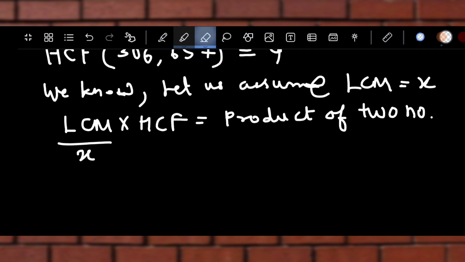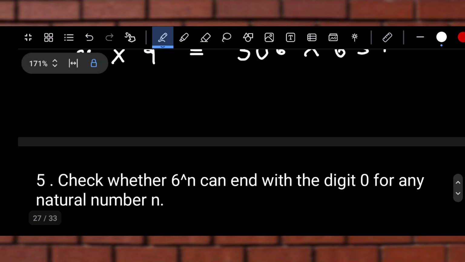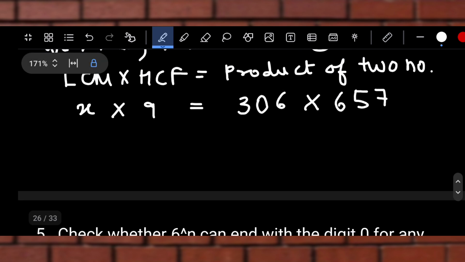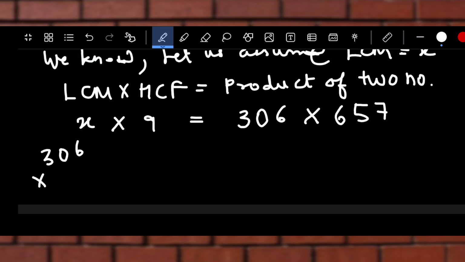So X into 9 is equal to the product of the numbers. What were the numbers? 306 into 657. Let's do the product of these numbers here, 306 into 657.